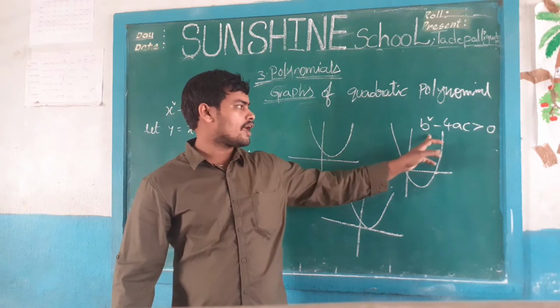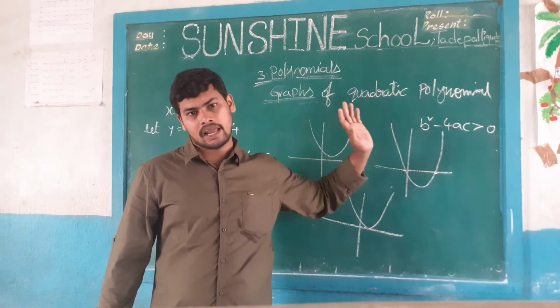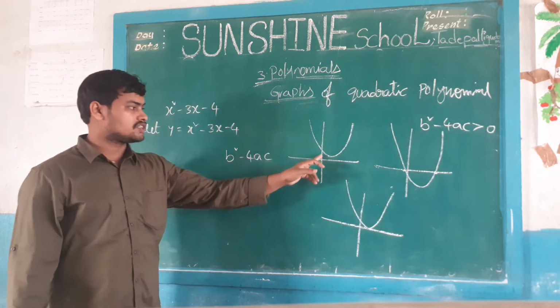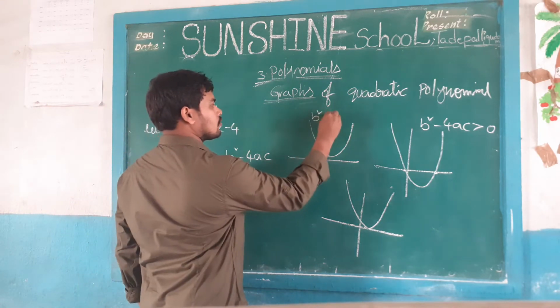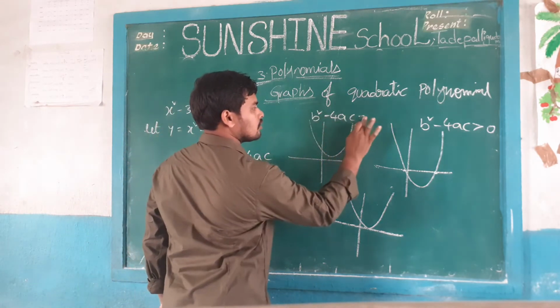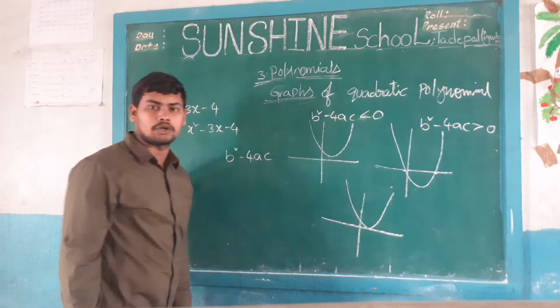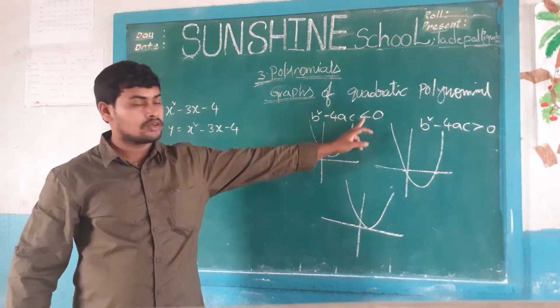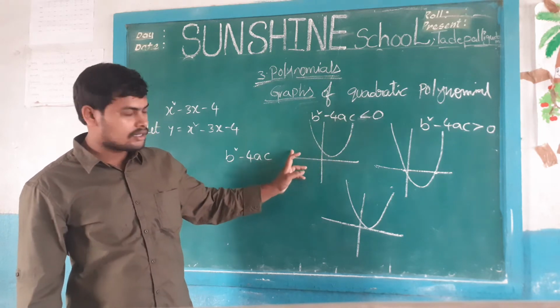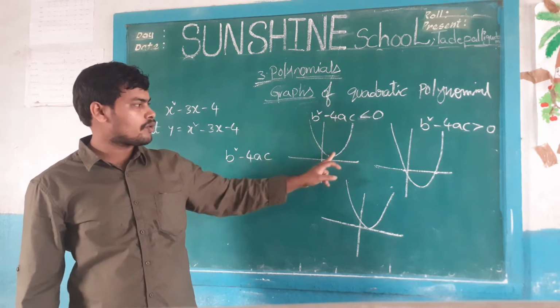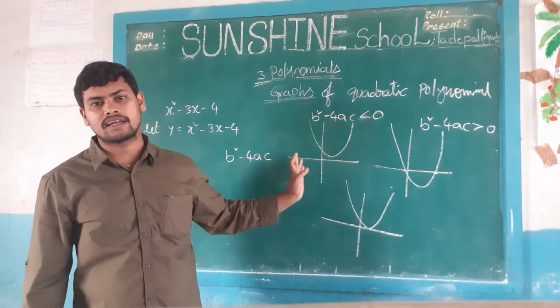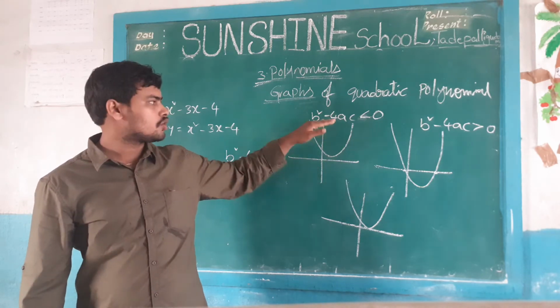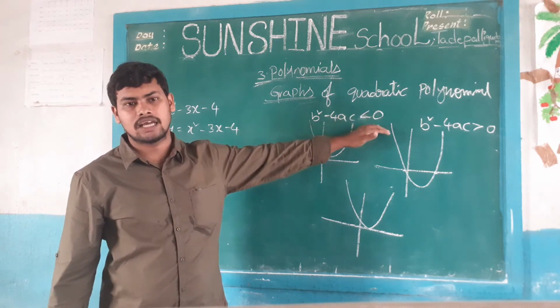The graph is exactly like this. Next, if b square minus 4ac is less than 0, there are no zeros. That means this polynomial does not intersect the x-axis.